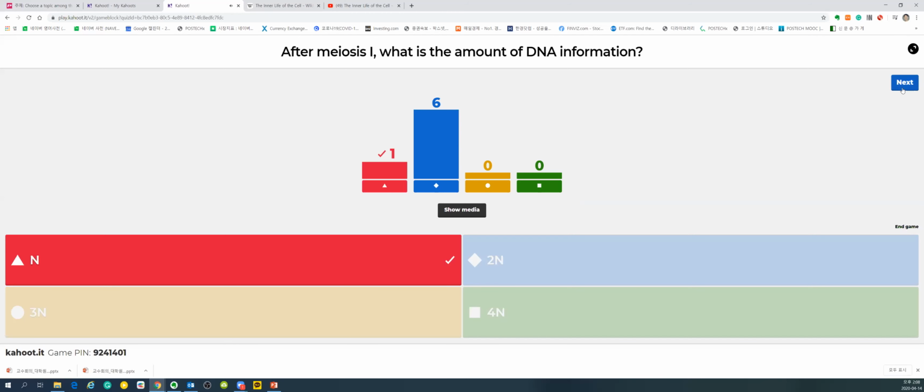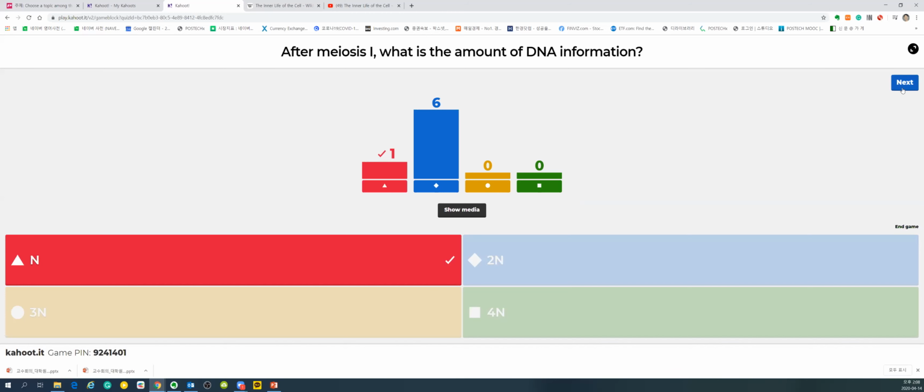Is this a tricky question? Now, there is meiosis 1 and 2. In 1, there's a double copy. Synthesis of DNA is done. And there are 2 DNA sets. One DNA is from father. The other DNA is from mother. And then those same copies, when they divide into half, they stay in one cell.